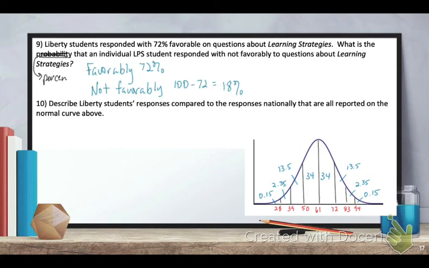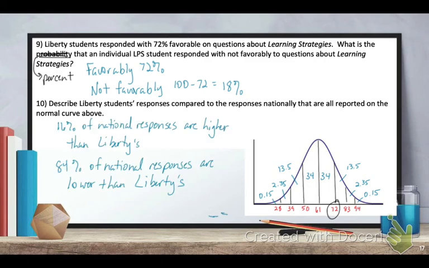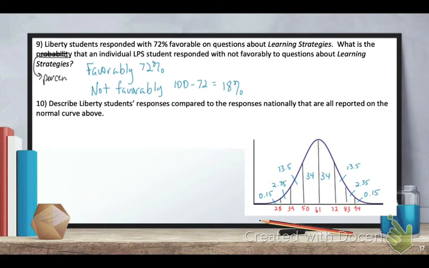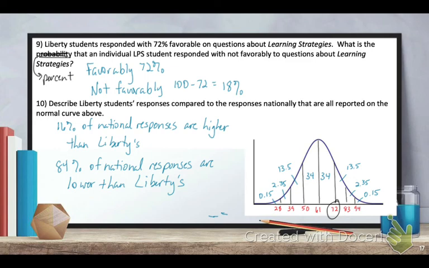So favorably, LPS is 72, and then we're not going to look at the probability, we're going to look at the percent chance, or the percent that an individual would respond not favorably. So that's just 100 minus 72, 18%. Now looking at the normal curve, describe Liberty's responses compared to those nationally. So 16% of the national responses are higher than Liberty, so above 72, and 84% are lower.